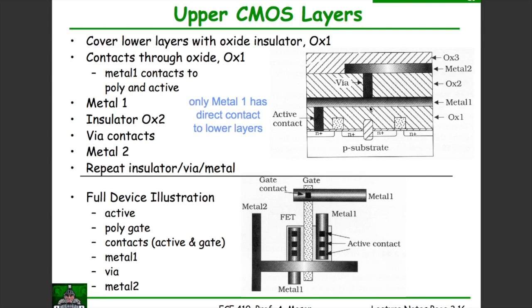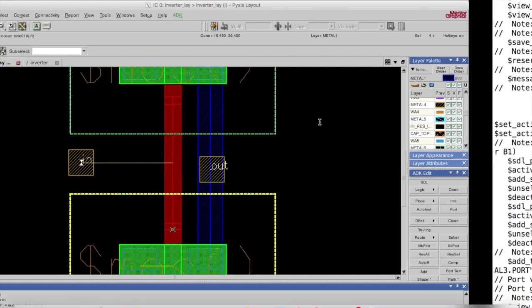So I'll use via to connect between metal 1 and metal 2, then via 2 to connect between metal 2 and metal 3, then again via 3 to connect metal 3 to metal 4. So I'll use these kinds of vias. So I need via 2 and via 3. Let's see how it works.